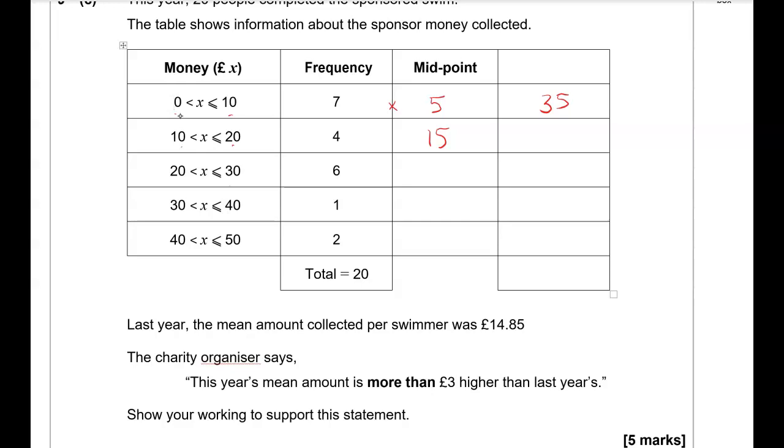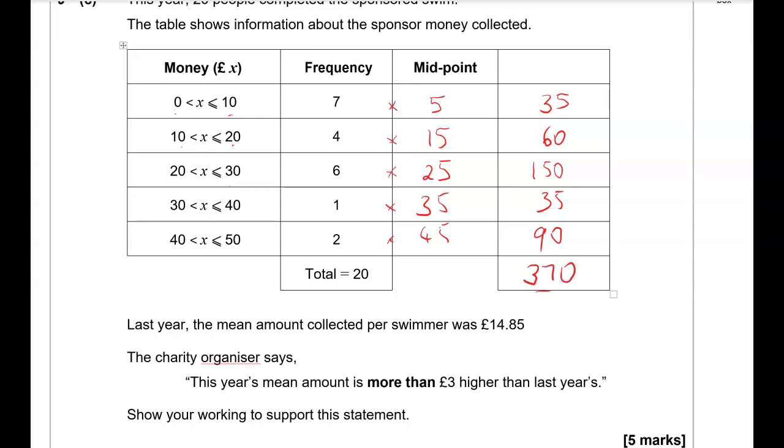Between 20 and 30 is going to be 25. 30 and 40, 35. 40 and 50, 45. So multiplying these across now, we get 60 here, we get 150 here, get 35, and then 90. That is in total 370.